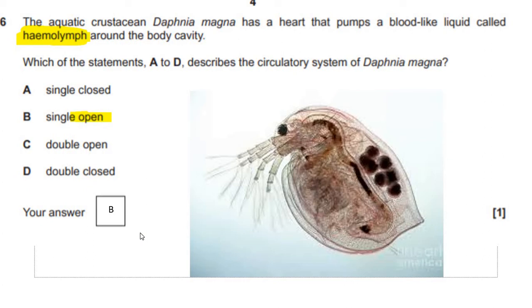So the hemolymph goes directly to the tissues. It's not enclosed in vessels like it is in a closed circulatory system. And single means it doesn't go around the body twice. It doesn't go to their lungs, and because they don't have lungs in that same way, they have the spiracles in locusts. So it doesn't go round to the lungs and then back round to the heart and then back to the body again. That would be double, like in mammals.